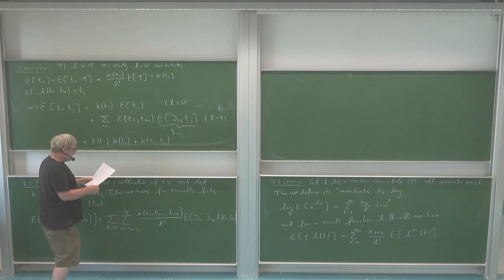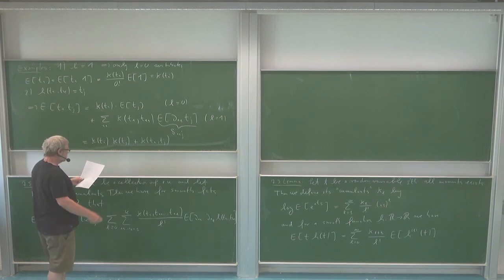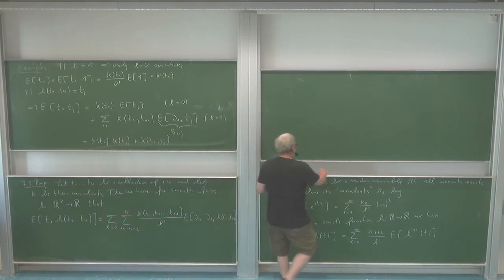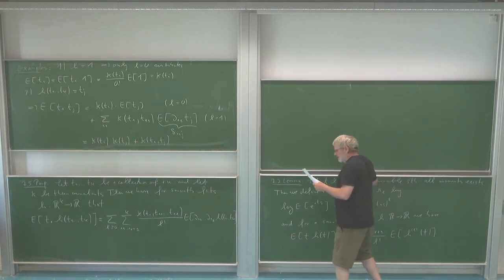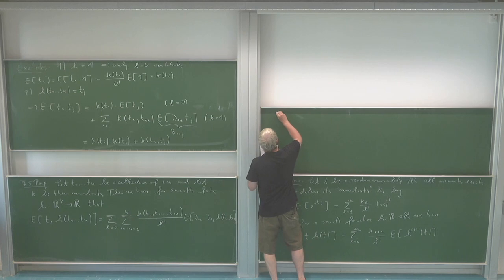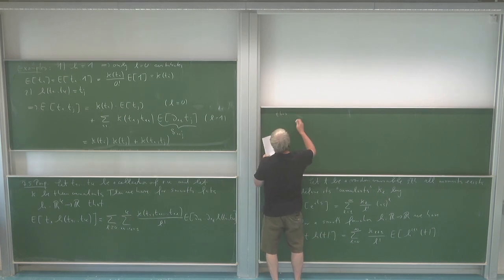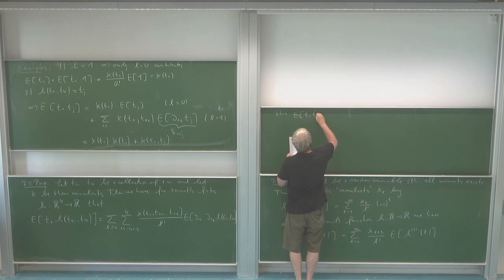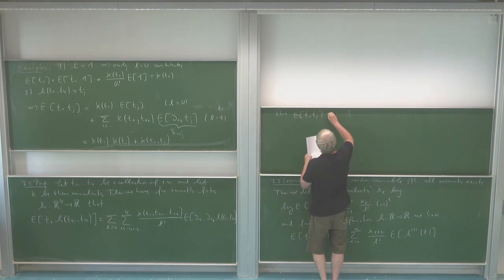And maybe this has a nice diagrammatic interpretation, which here still looks maybe a little bit silly or easy. So the expectation of Ti, Tj, let me write it again.